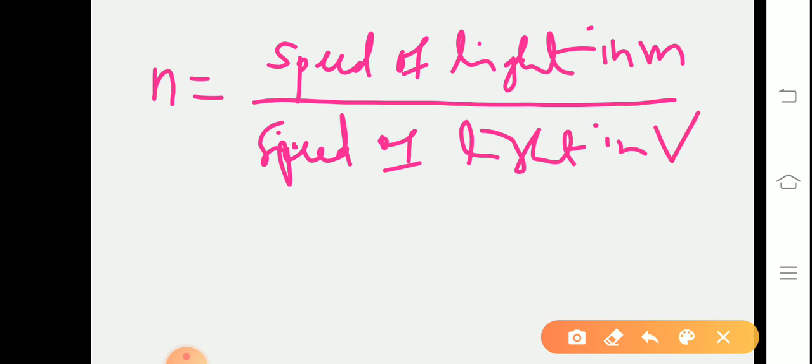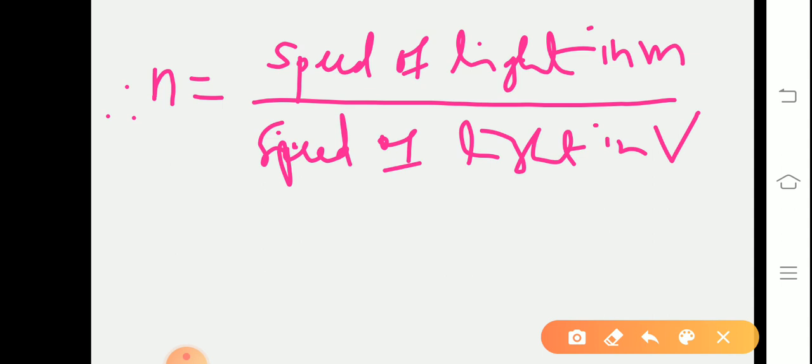Speed of light in a medium always changes because it varies from medium to medium, right?